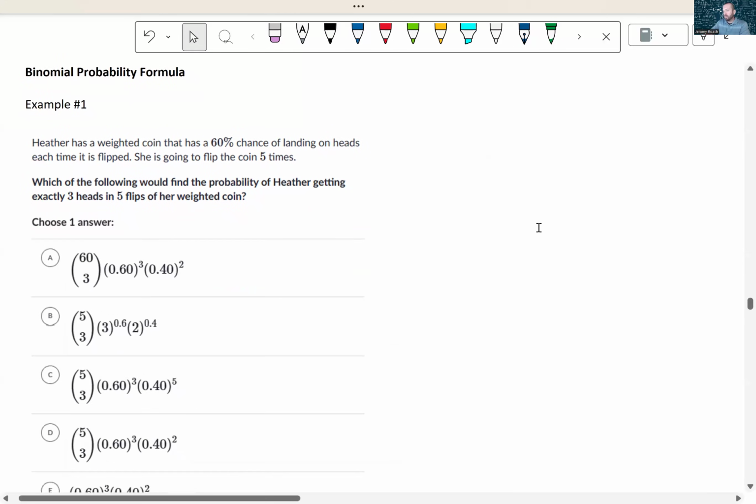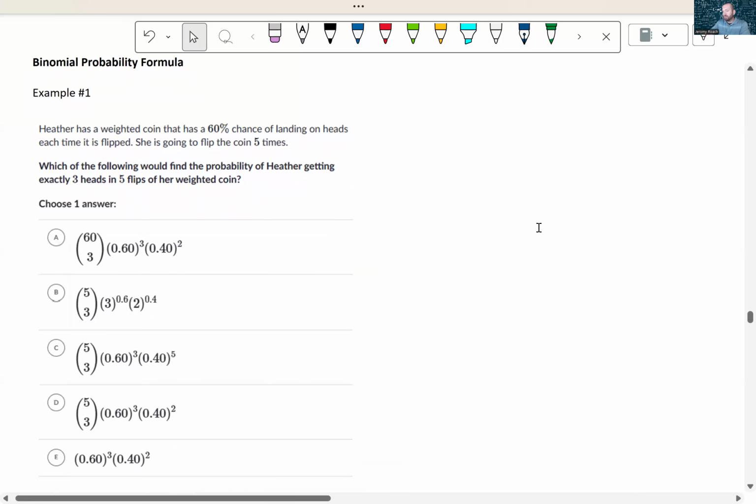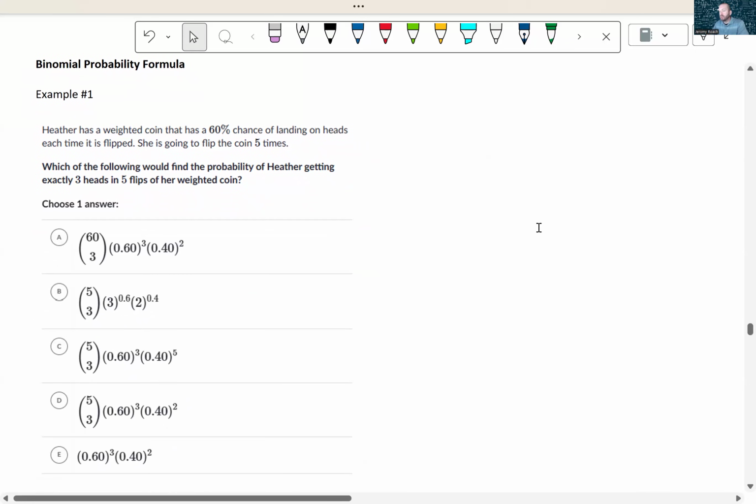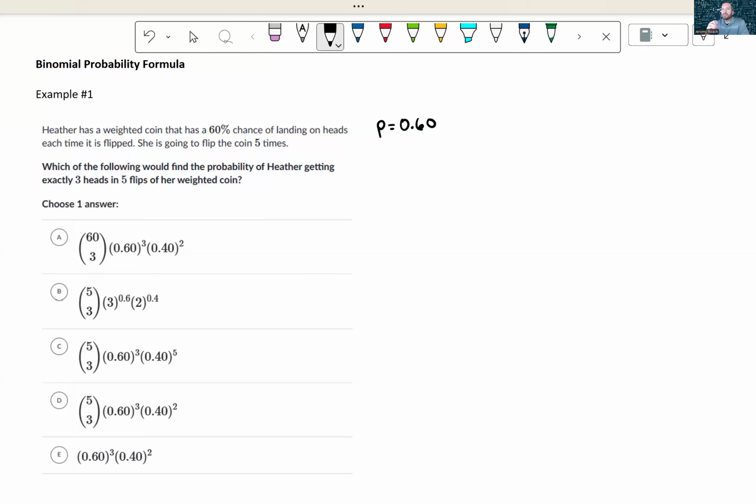So we can find the probability of whatever we're looking for given a certain number of trials. In this case, for example one, we have a 60% probability, and our total number of times that we're going to flip the coin, I'm going to call that N, is 5 times.